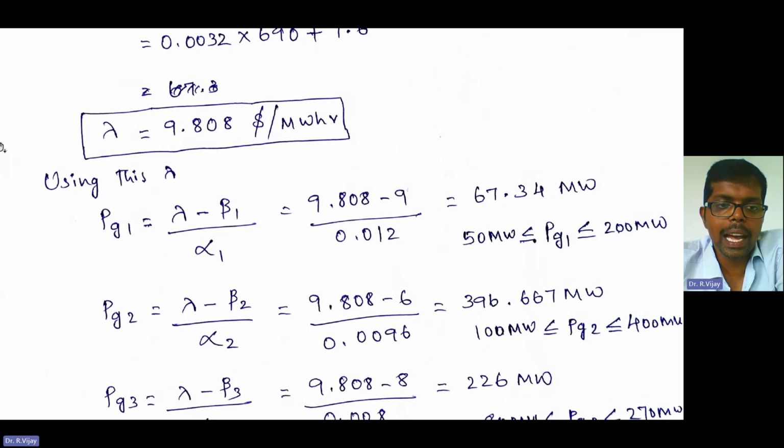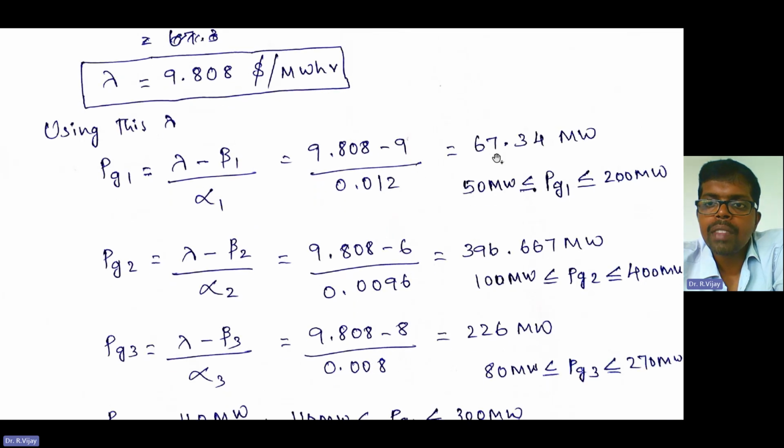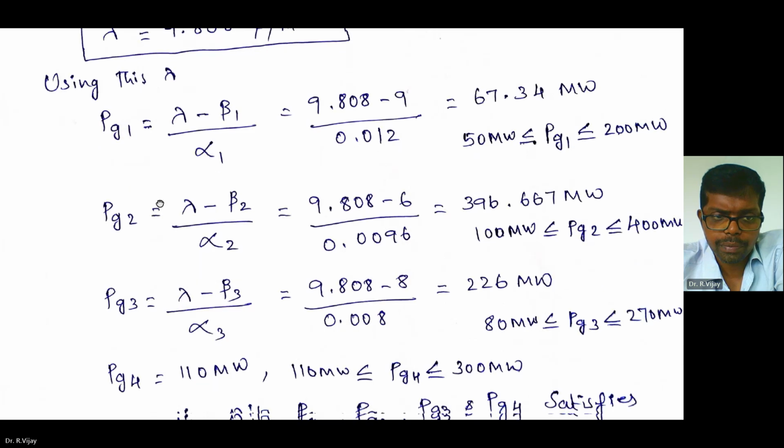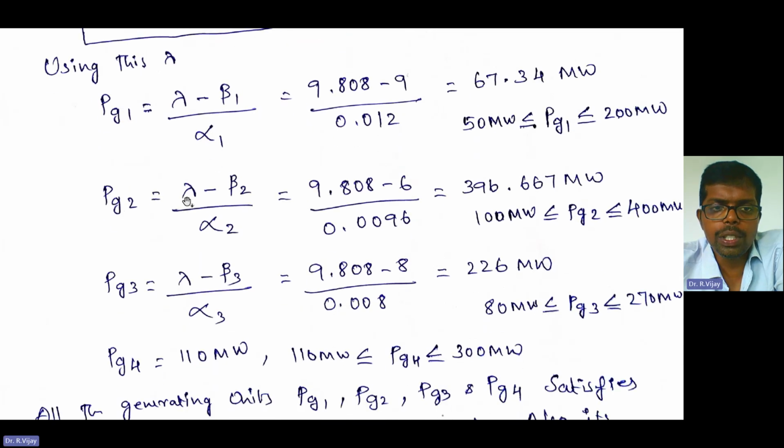Now by using this lambda, again we are going to calculate PG1, PG2 and PG3 by using the lambda iteration method. Here I already said how the formula modifies. That is lambda minus beta 1 divided by alpha 1. Just substituting beta 1 and alpha 1, we are getting the answer as 67.34 megawatt. Next, similarly, PG2 is equal to lambda minus beta 2 divided by alpha 2.